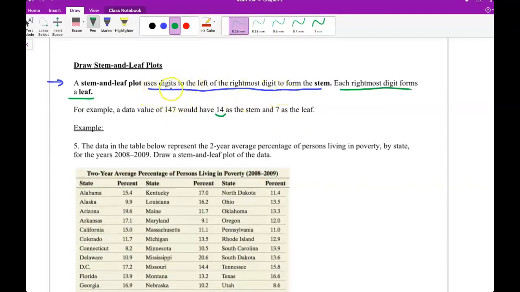Because our stems are the digits to the left of the rightmost digit. The 7 is the rightmost digit. And here we have what we have on the left, the digits to the left of this rightmost digit.